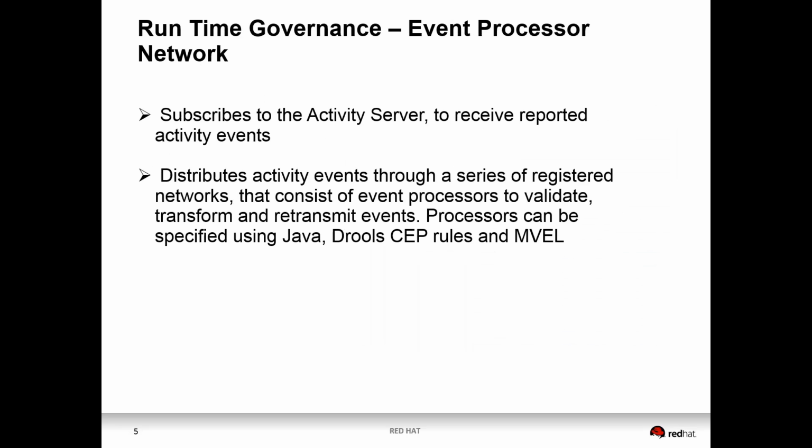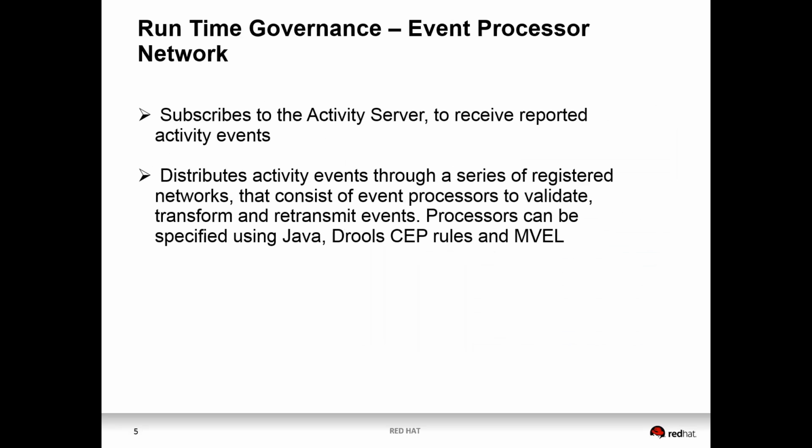So the event processor network: the activity server notifies the event processor node about the activity events through the event processor network. The runtime governance infrastructure notifies one or more event processor networks, specifically event processor networks that have a subscription for the subject activity units, about activity events reported to the activity server.